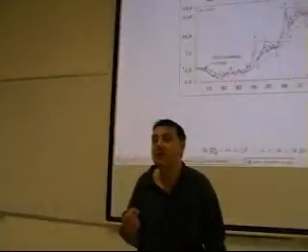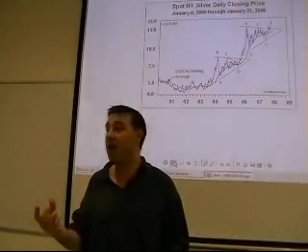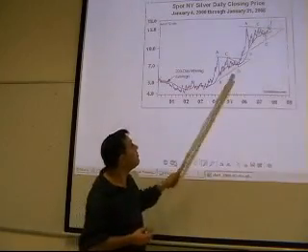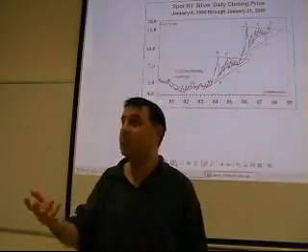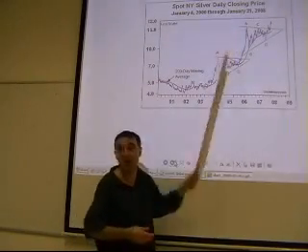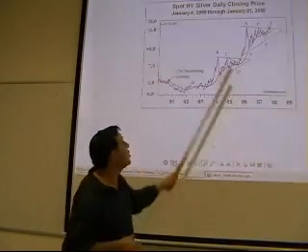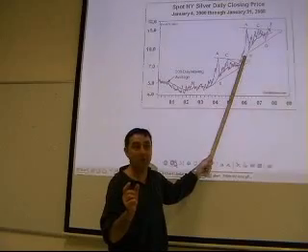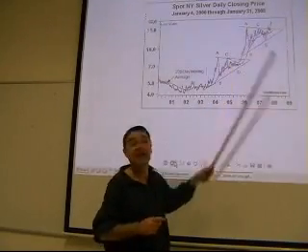This is one of the most important properties of both bull and bear markets, that major moves in the direction of the market, meaning in a secular bull market, major moves in the direction of the bull market are always very short in time and very explosive in moves.